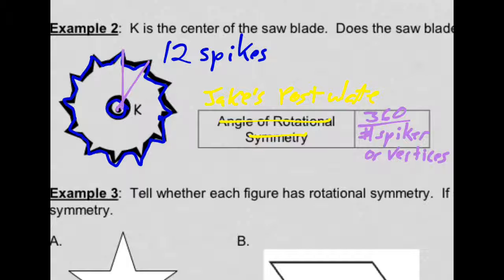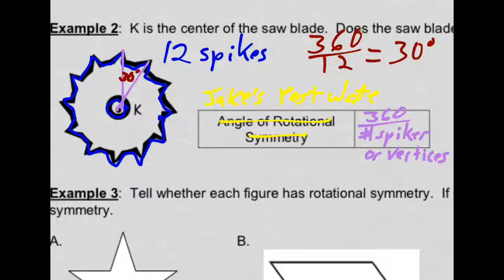So 360 divided by 12 is 30 degrees, yep. So we know that this is 30 degrees in here.